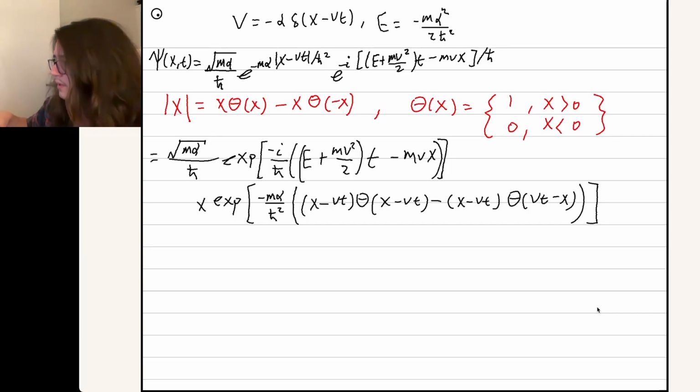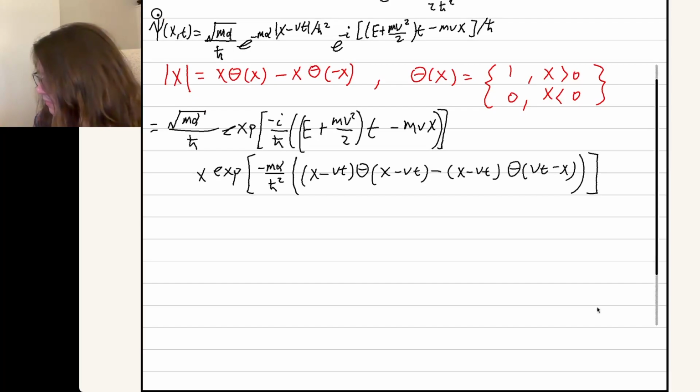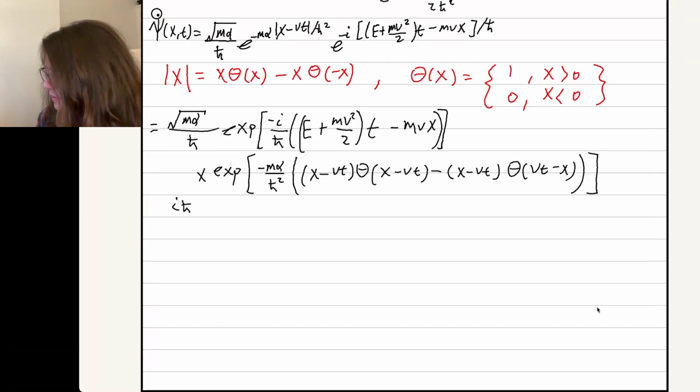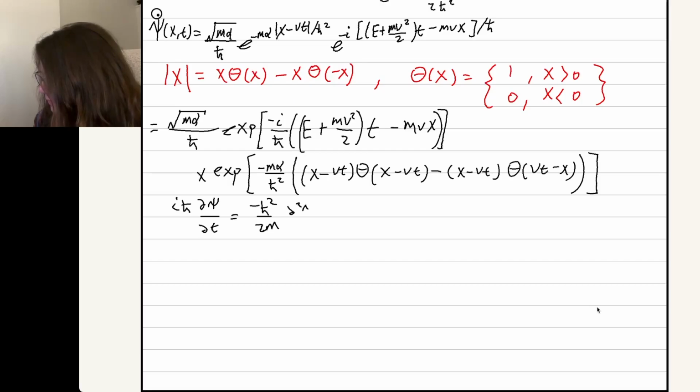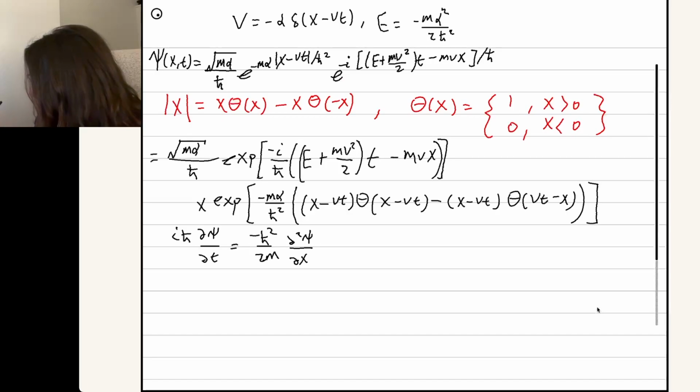So the Schrodinger equation is this: i h bar del psi del t equals minus h bar squared over 2m del squared psi del x squared, plus the potential, which was actually minus alpha delta of x minus vt, times psi.